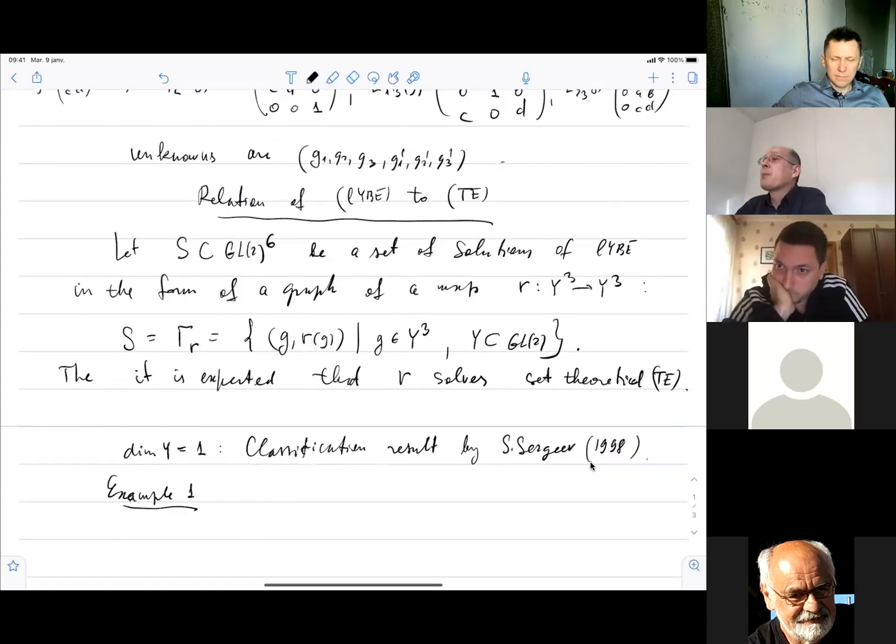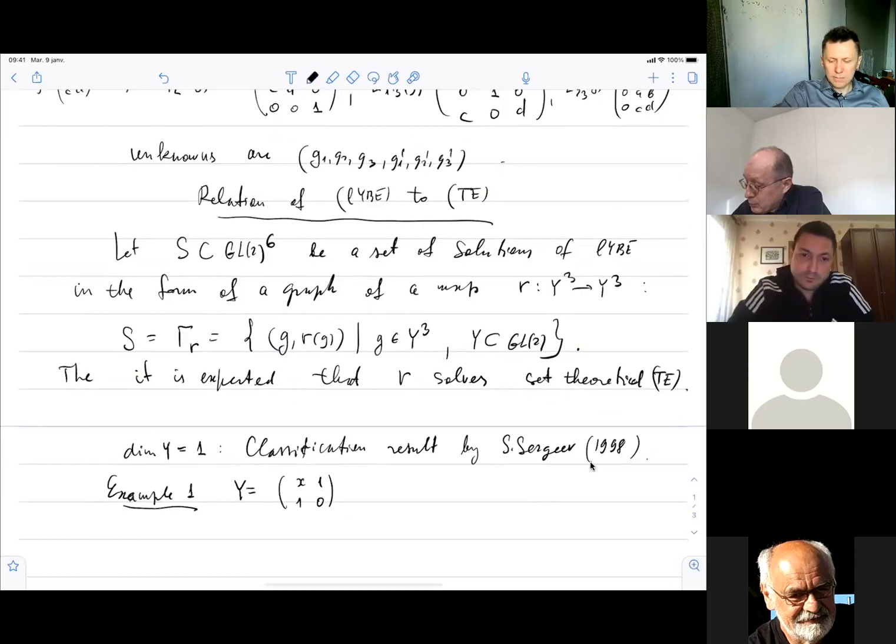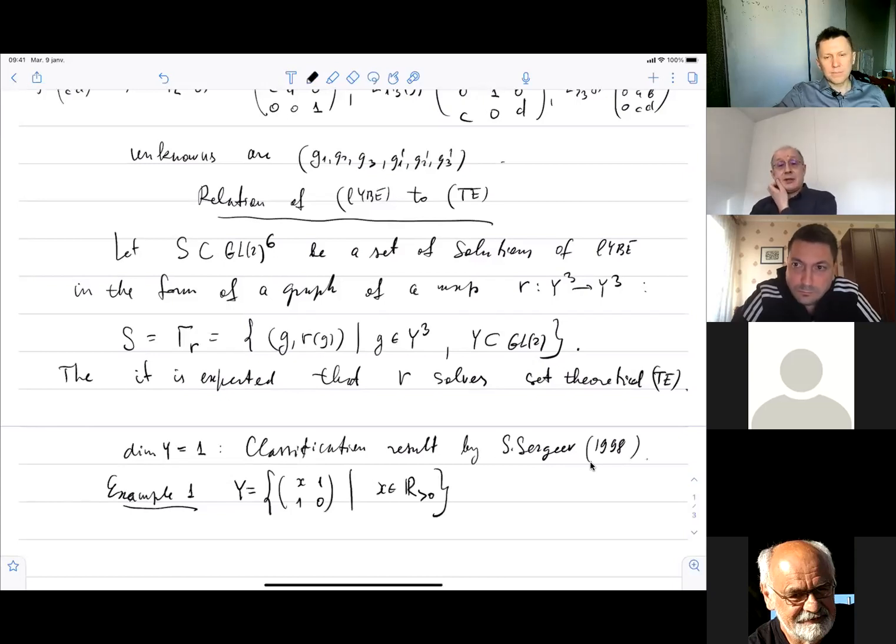Example 1. So Y is given by the matrix (x, 1; 1, 0). We restrict to real numbers here, and even more strictly, positive real numbers. So here I'm very specific.